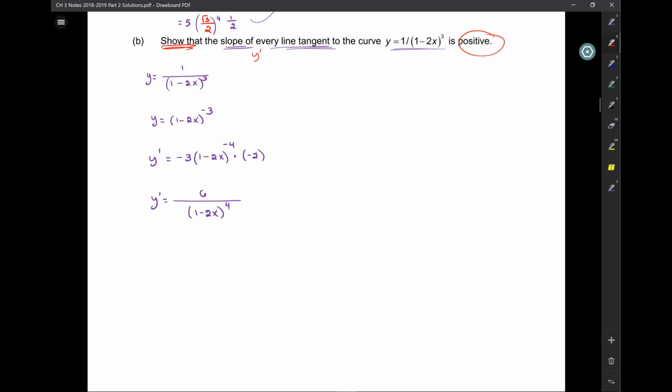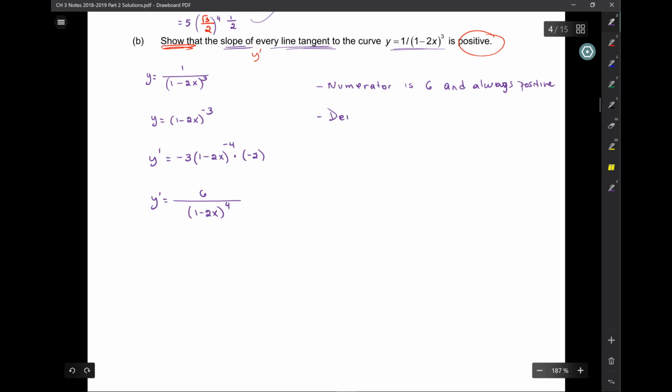So the point is to prove that this is always going to be positive. The numerator is 6 and always positive. We established that.